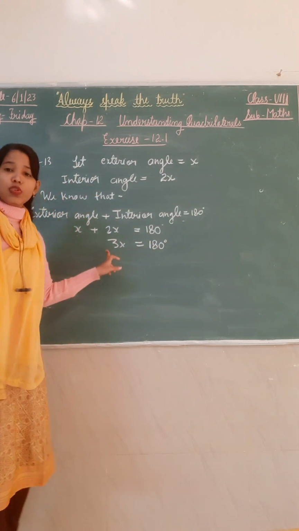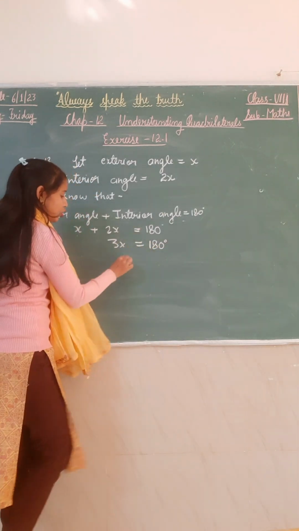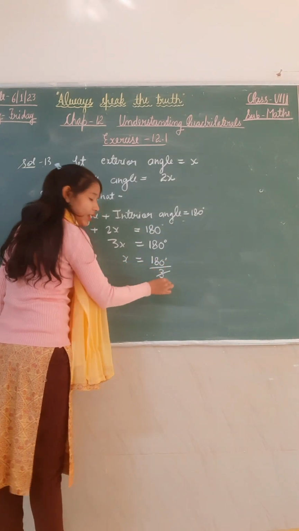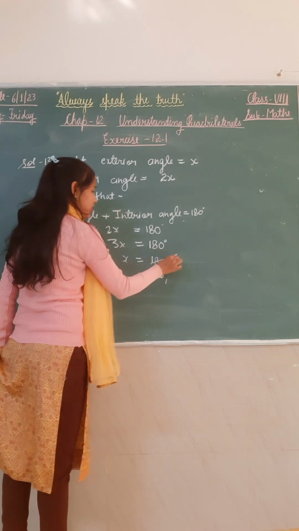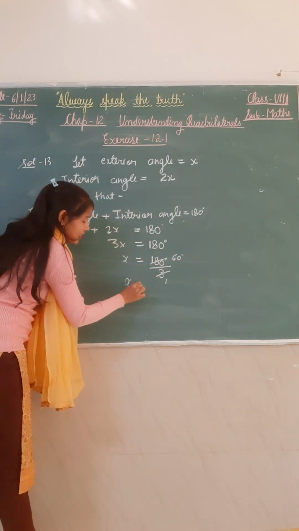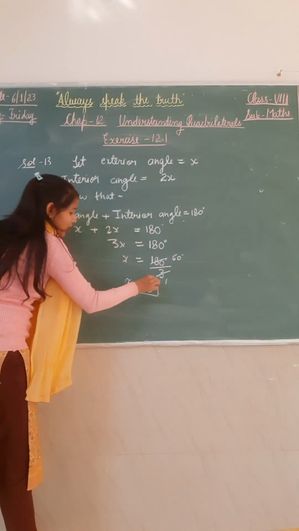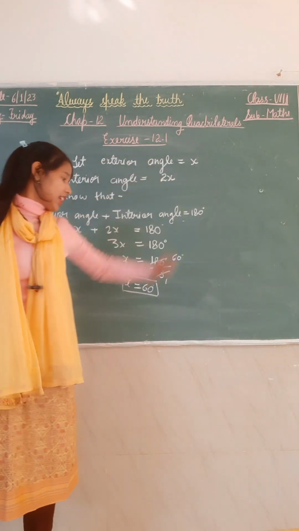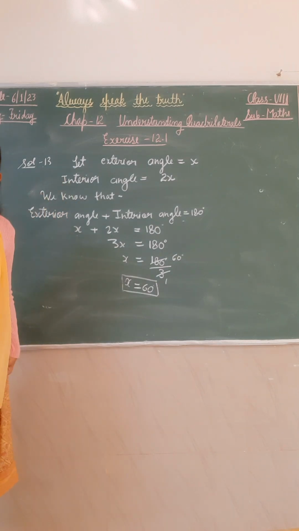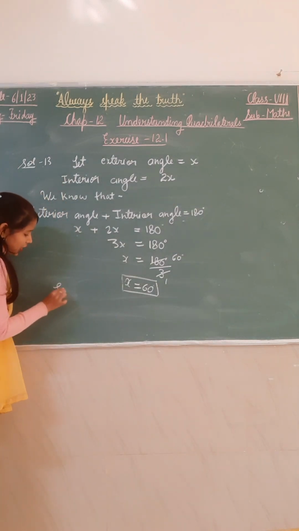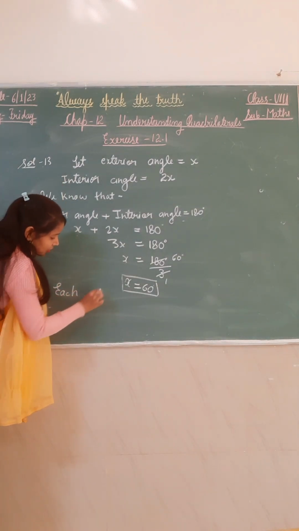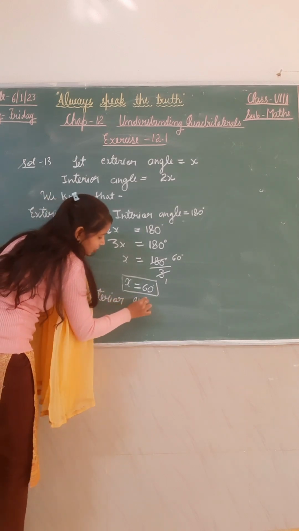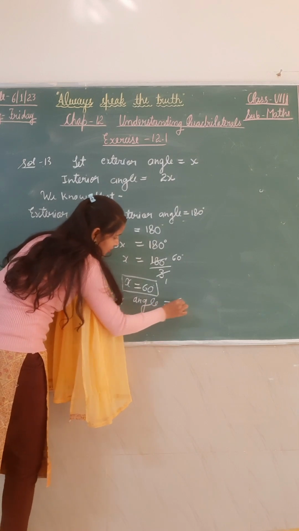Now we will transpose 3 to the right hand side, so it will become 180 divided by 3. 3 ones are 3, 3 sixes are 18. That means x is equal to 60 degrees. And what is x? x is the exterior angle. So each exterior angle is equal to 60 degrees.